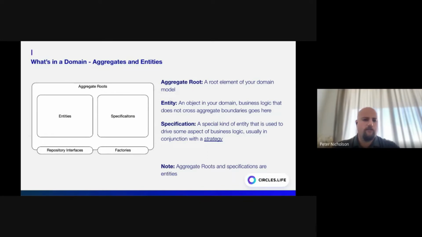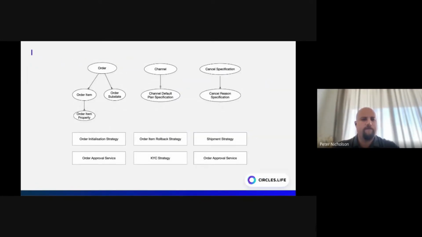We go and take another look at that OMS model. We can see that this tree structure on the top, as I said, is our aggregates. You can see there are aggregate boundaries in that if you look at the order in its tree, there are no lines between order and channel, and no lines between order and the cancel specification. And likewise, there are no lines between channel and cancel specification.